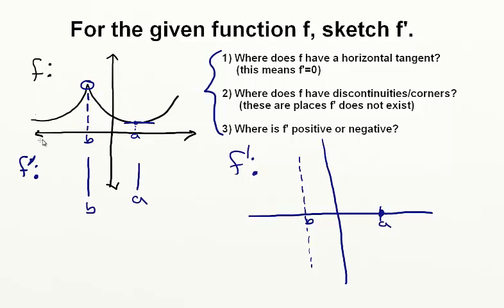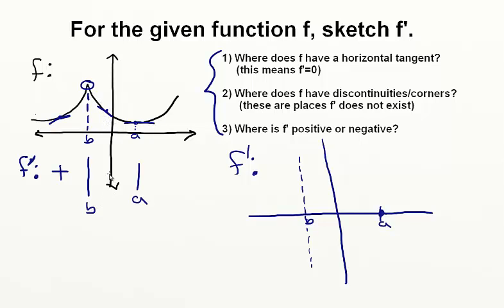To the left of B, if we draw a representative tangent line at a certain point, we're going to see that that line has a positive slope. So to the left of B, the derivative is positive. Then between B and A, if we draw a little representative tangent line, we're going to see that that actually has a negative slope.